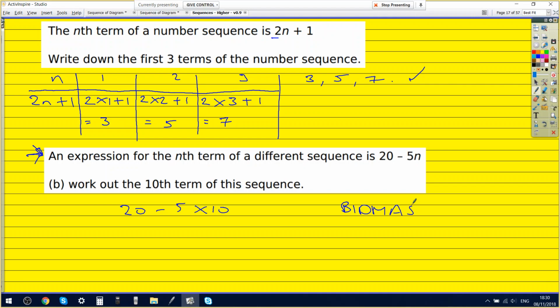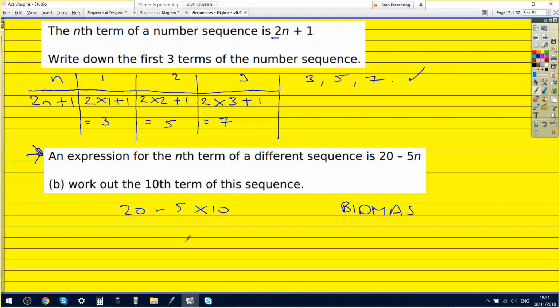Yep. So you have to multiply the two numbers first. Times 10, 200. Is it 2 times 10 or...? No. So instead of doing 20 minus 5 first, you have to do 5 times 10 first.